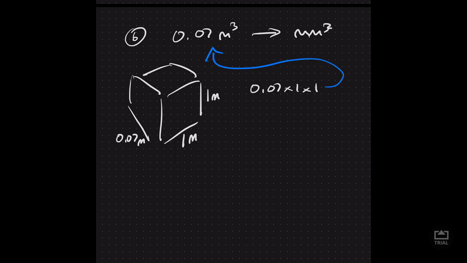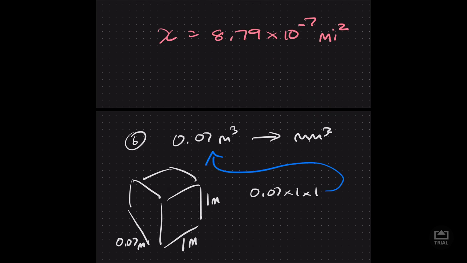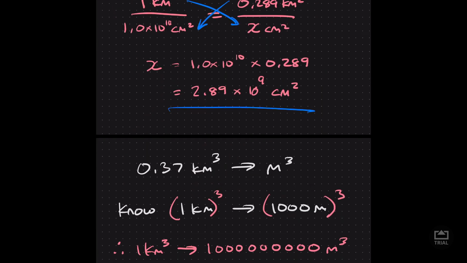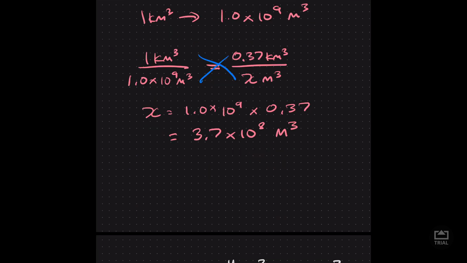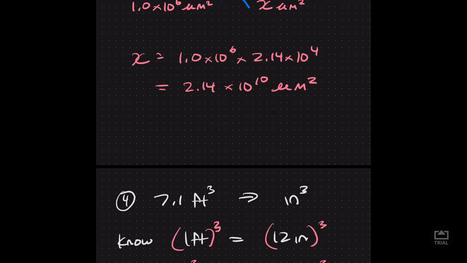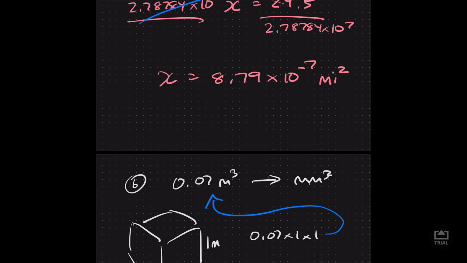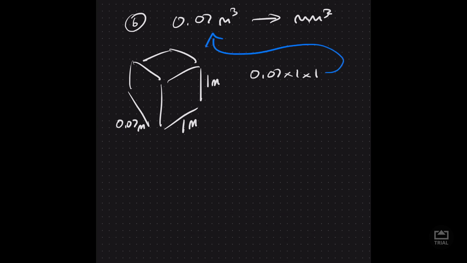So what I can do again is, if I don't like using this system that I've done it in the last few questions, we can draw it out like this. So what do I know about 1 meter? Well, 1 meter is equal to 1,000 millimeters, and this is 1,000 millimeters. And this is going to be 70 millimeters.